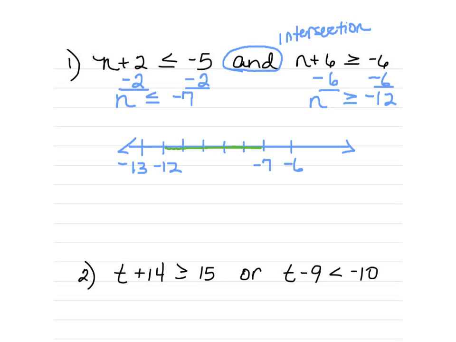So everything in between these two, which will have closed circles, should be highlighted. And then from the graph is where I write my solution. Solution set: all values for n where negative 12 is less than or equal to n, which is what's shaded, which is less than or equal to negative 7.